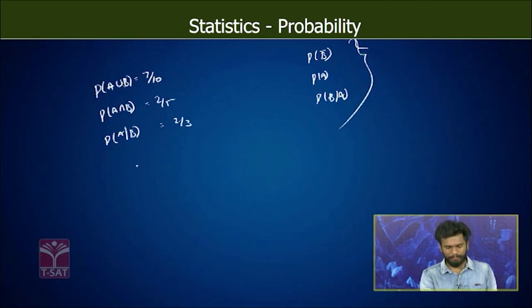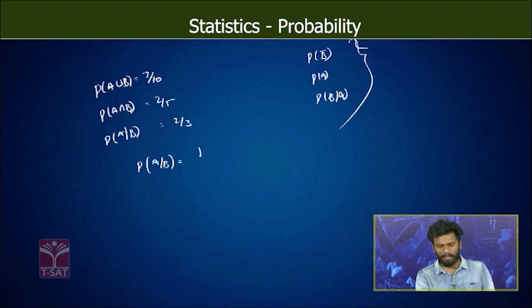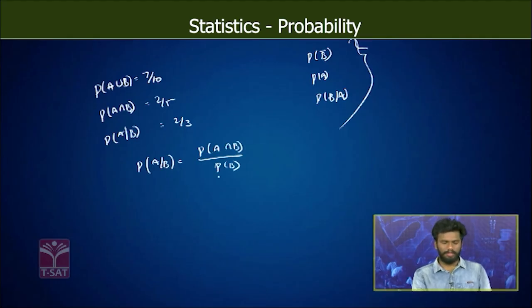Now see here first. Probability of A given B. What is the formula for probability of A given B? It's nothing but probability of A intersection B divided by probability of B. So we know the value of probability of A given B, that is 2/3, which is equal to the probability of A intersection B, that is also known, it is 2/5, divided by probability of B, which is unknown, we have to find out.